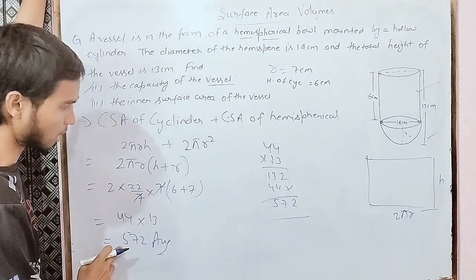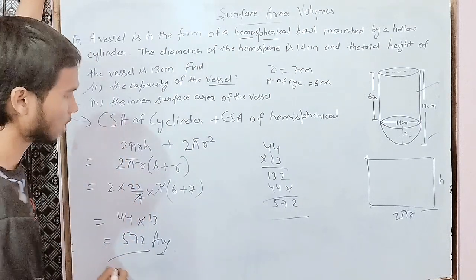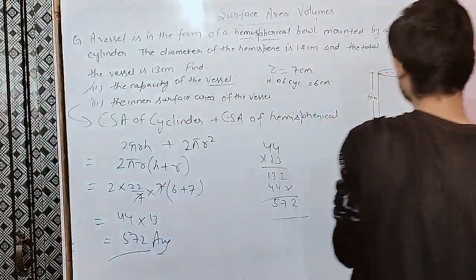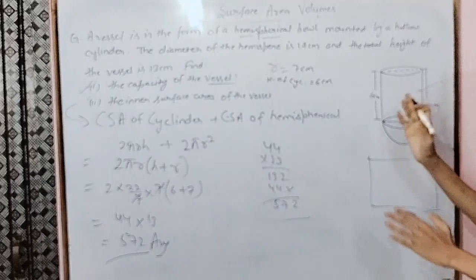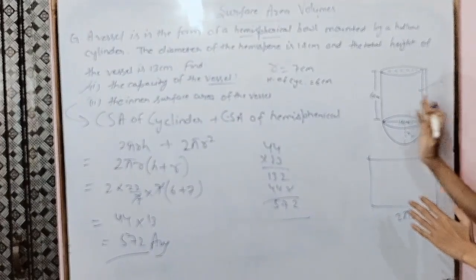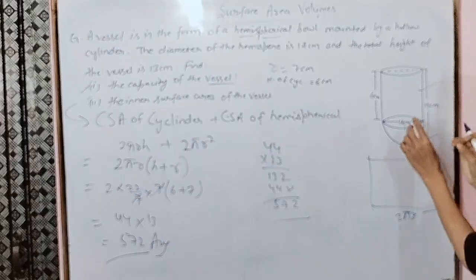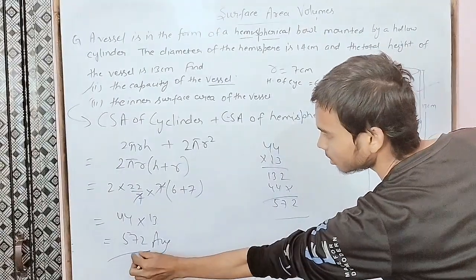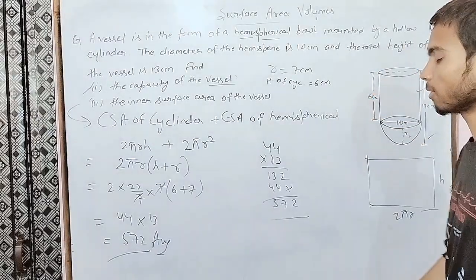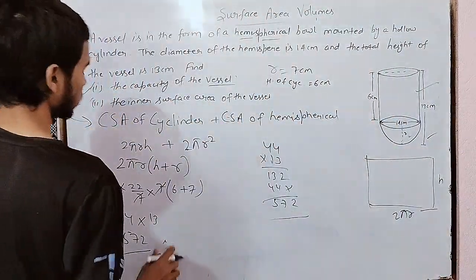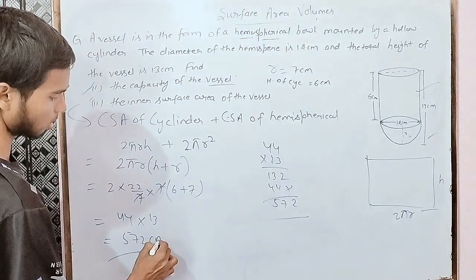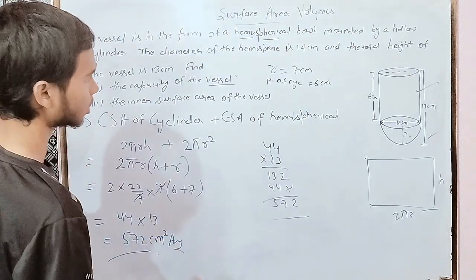Now the meaning of this answer is only the curved surface area, only the surface area around this center is this, how much? 572 centimeter square. Okay, centimeter square.